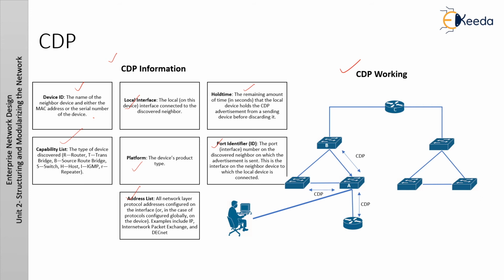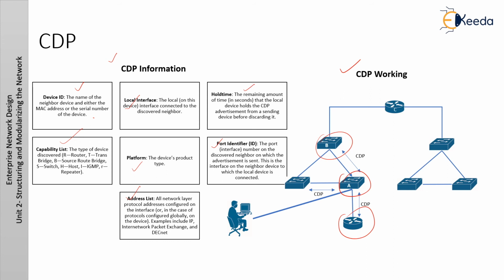As already shown, CDP information is sent only between directly connected Cisco devices. In this figure, the person connected to switch A can see the router and two switches directly attached to switch A, this switch B and the router.